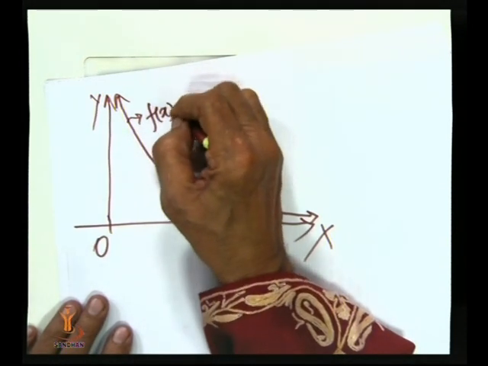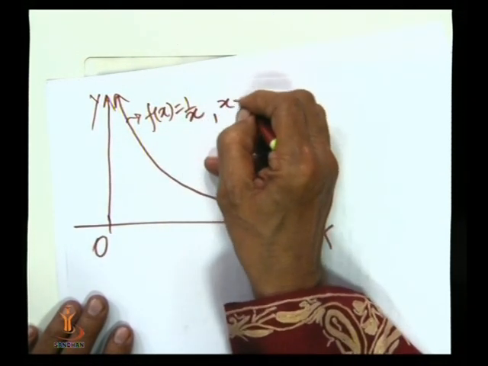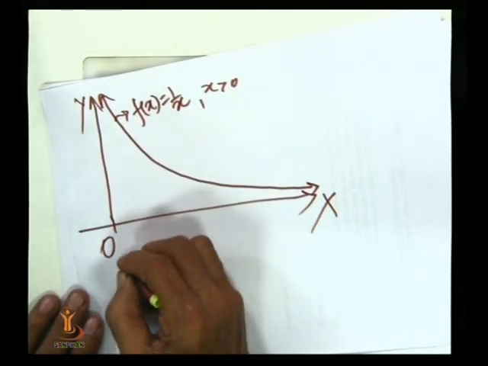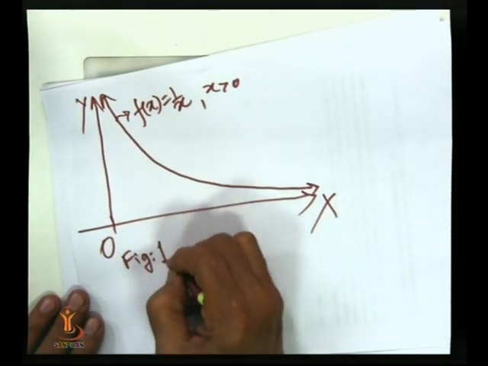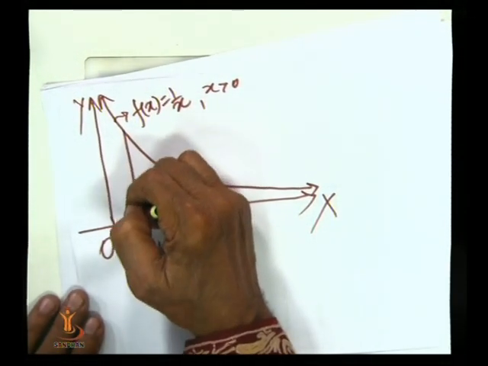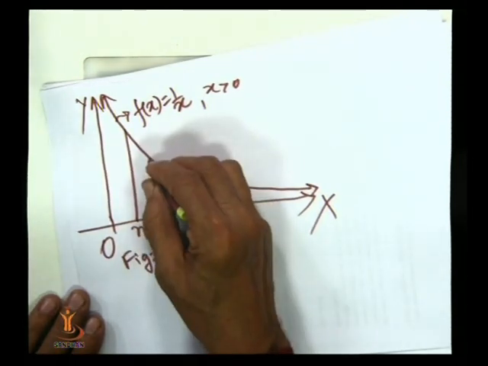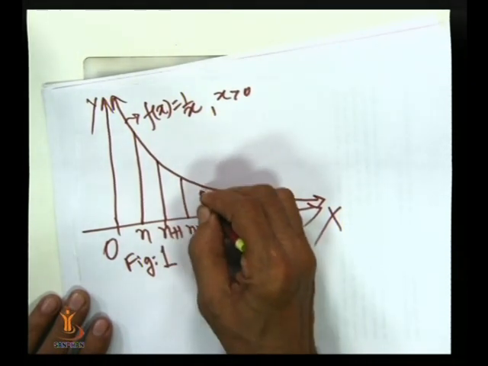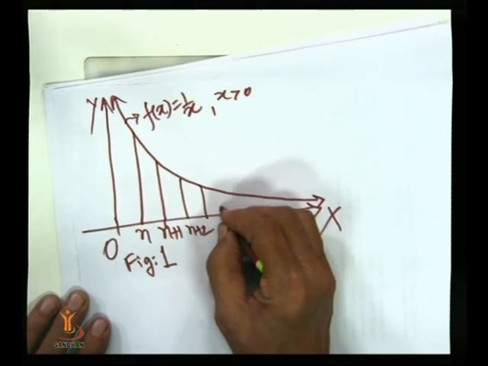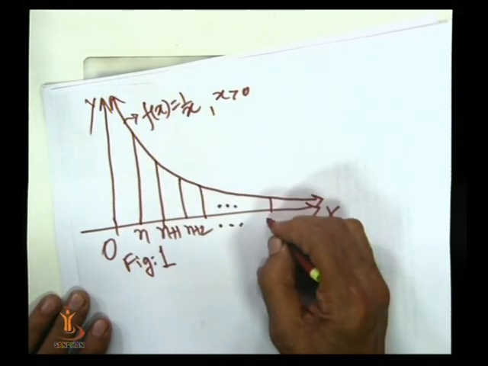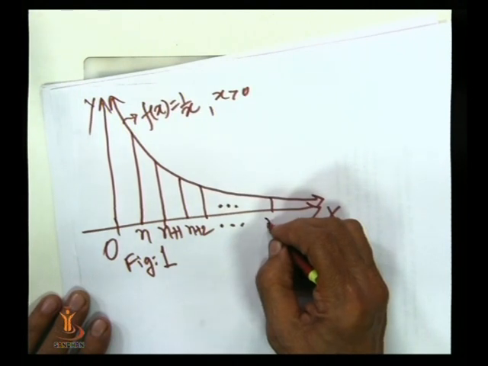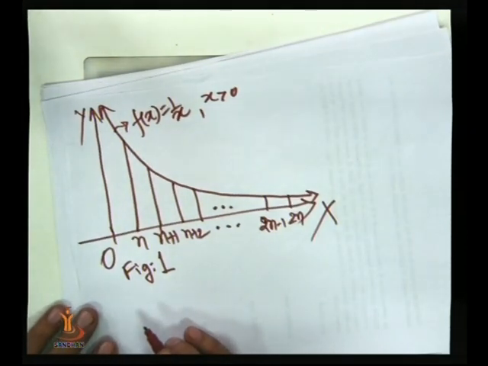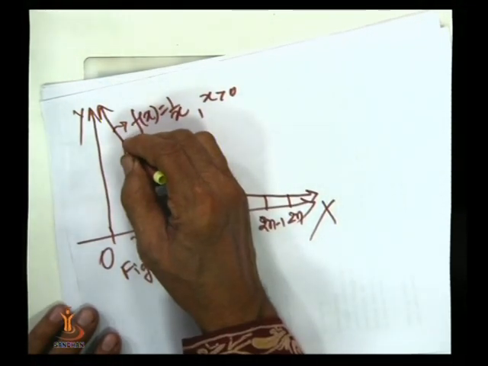F x equal to 1 upon x, x positive. Now, I'll write this as figure 1. So, if I take this as n, then n plus 1, n plus 2 and so on. Here 2n minus 1 and 2n. Now, there are two ways.